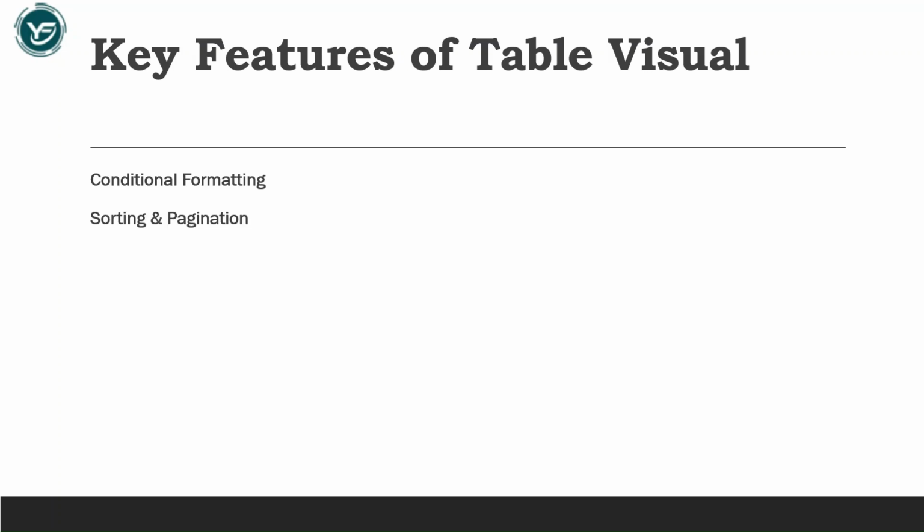Another feature is sorting and pagination. When we talk about sorting and pagination of the data, it means that we can visualize the data in a sorted manner, like ascending and descending. And pagination means that we can handle a bulk of data in a proper and efficient manner.